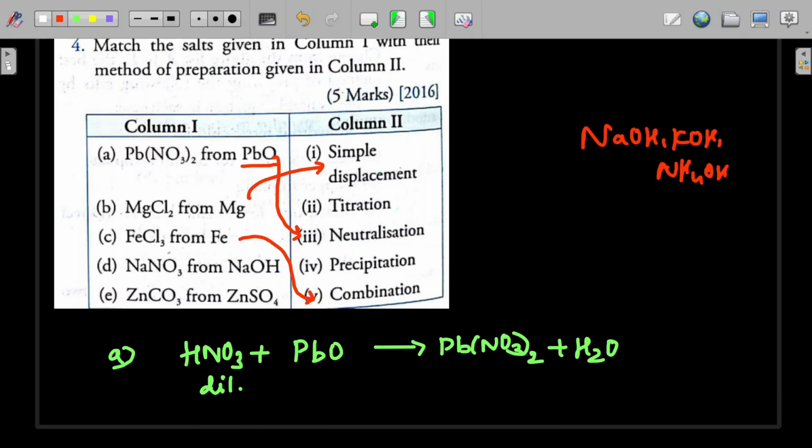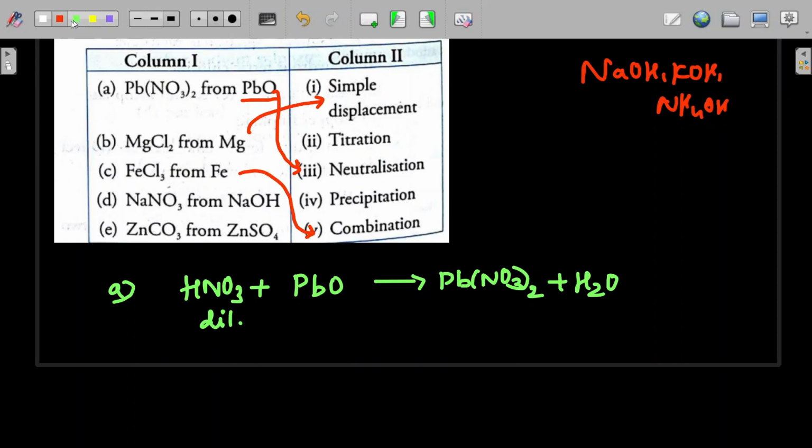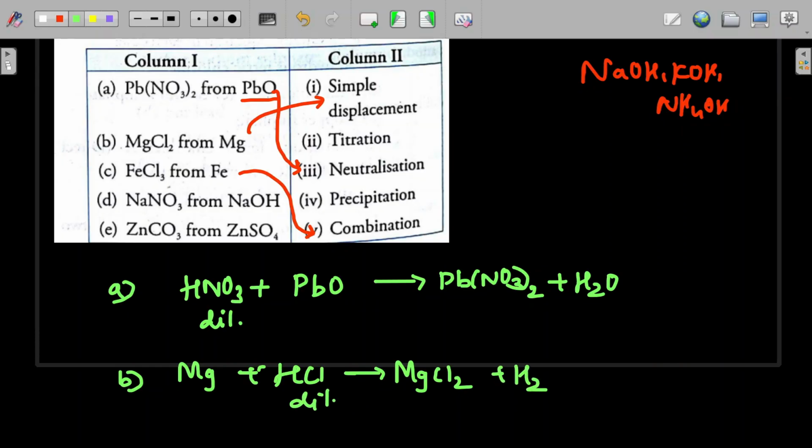If they ask you to write the equation: Mg you have, and you want to get MgCl2. Where will Cl2 come from? From dilute HCl acid. So you will get hydrogen gas, then balance it.